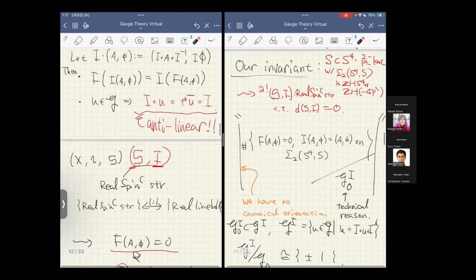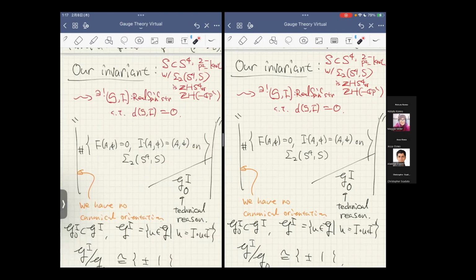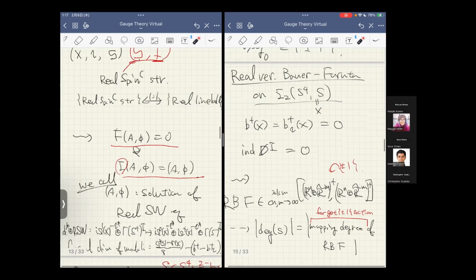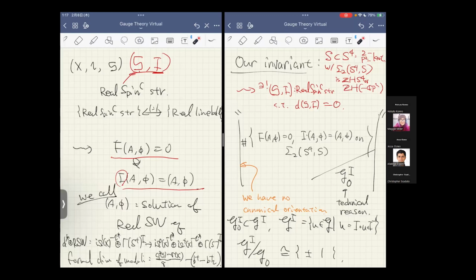So let me explain the construction of our invariant. Let S in S4 be a 2 knot or P2 knot. For simplicity, we assume the double branched cover along S is an integer homology S4 or integer homology minus CP2.